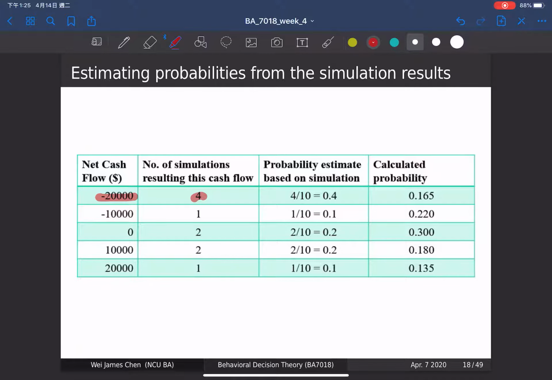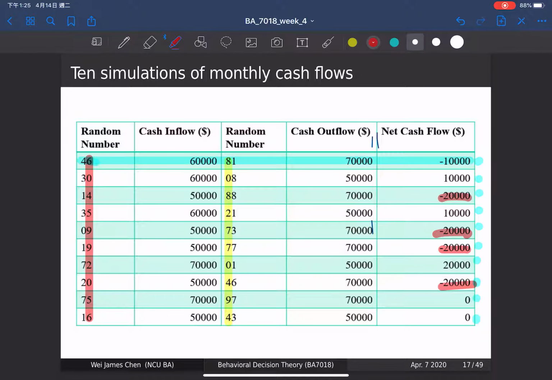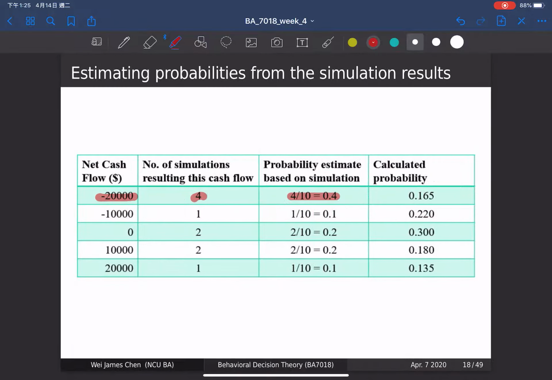So the probability is 4 over 10, so there is 0.4 probability. Okay, and the net cash flow of minus 10k only happened once, actually the first time we ran it. So it's only 0.1 probability. Okay, that's the result you get.